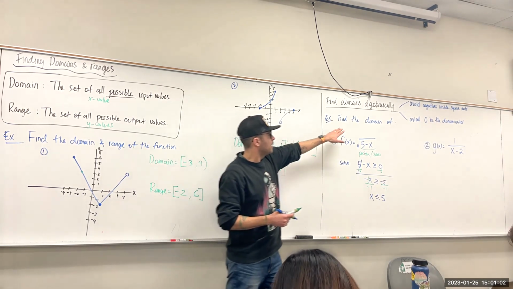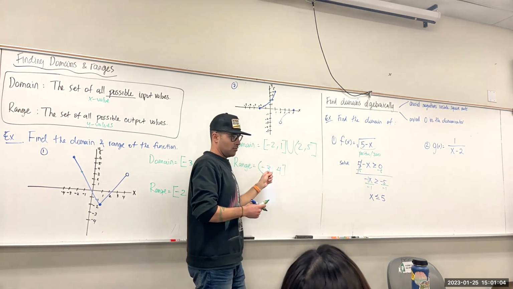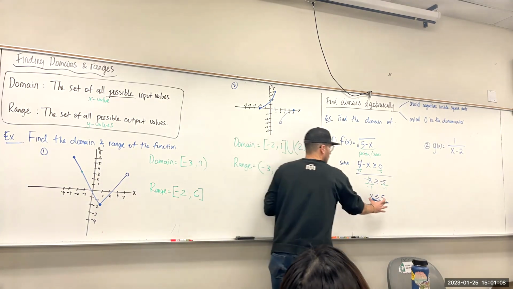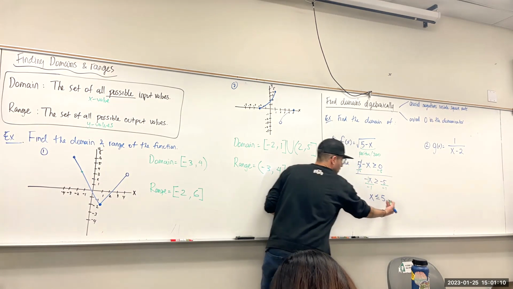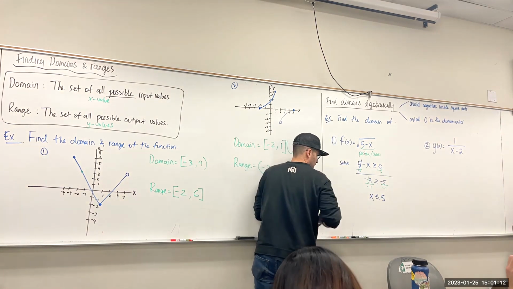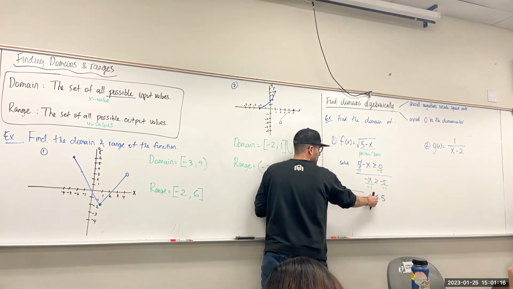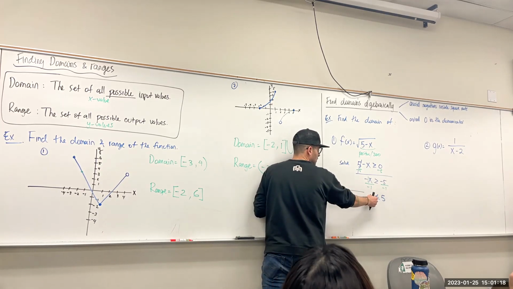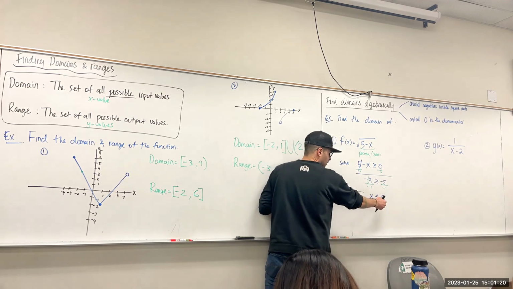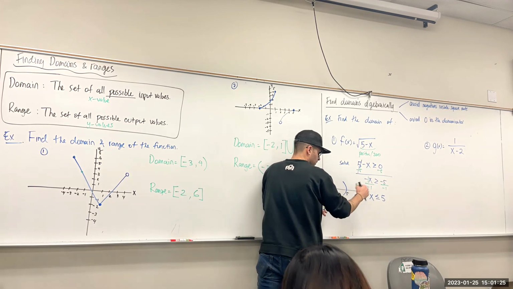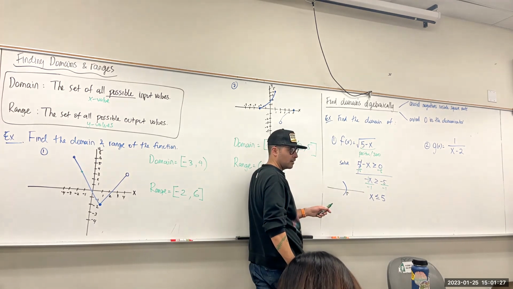When you do the domain, you're going to have to use interval notation. So you got to do what we did on Monday. On interval notation, what's the smallest X value? Let's see. Hold on. Here's 5. X is less than 5. Remember, I was having you guys write it like this because it does not include the 5, right?